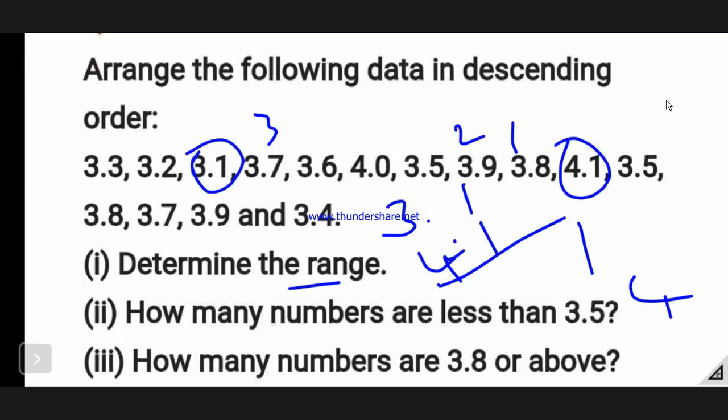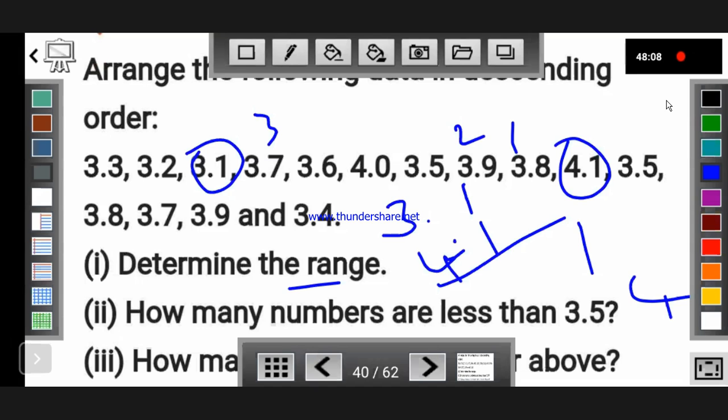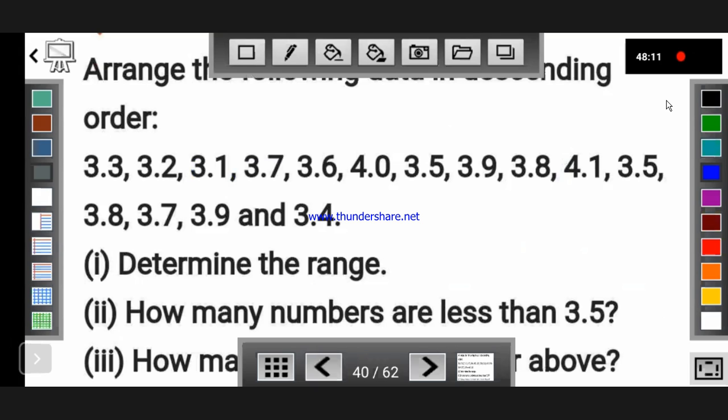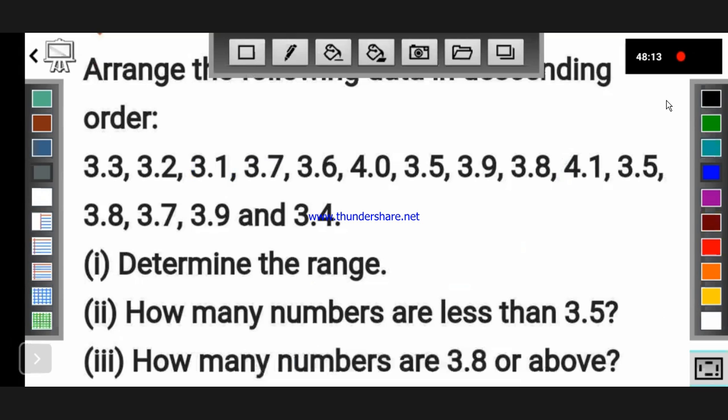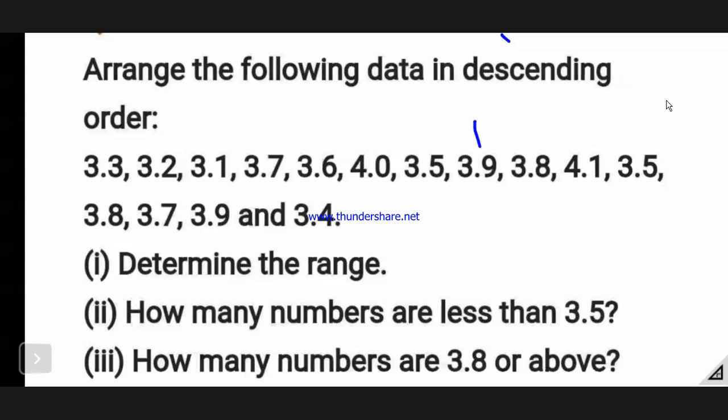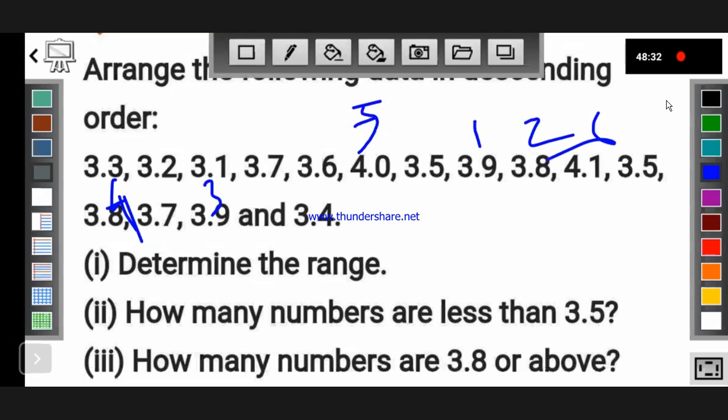Sorry. 3.8 and above: 1, 2, 3, 4, 5. 4.1. Okay, ma'am. Let's see the next sum.